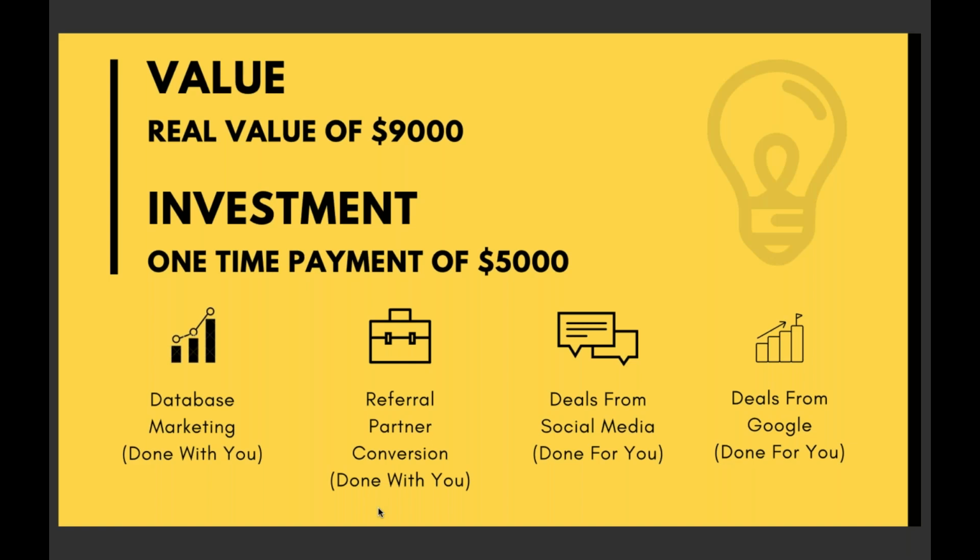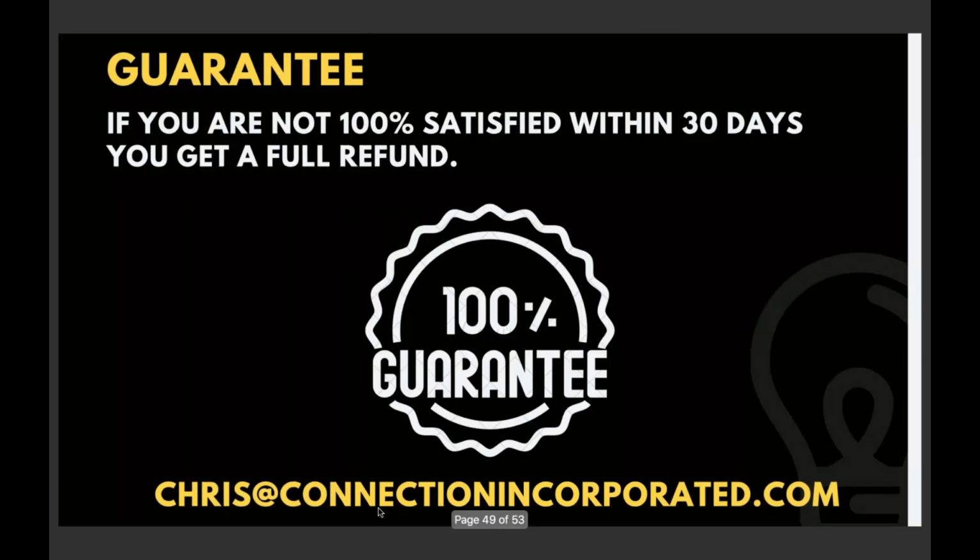If you have a database of 50 or more past customers, it's next to impossible for you to not get your initial investment back in the first 30 to 60 days, because we've built the program in a way where we're forcing you to do that Database Activator campaign, set up the retargeting, then get the referral partners, then turn on the online advertising. Now, again, we're going to do all of this with you: the database marketing, the referral partner conversion, the deals from social media, and the deals from Google.